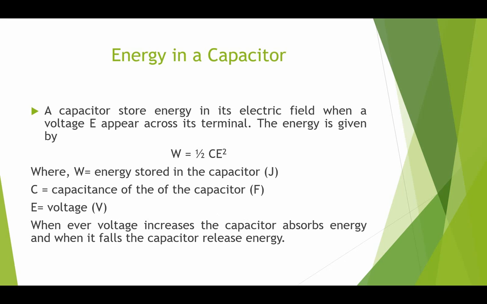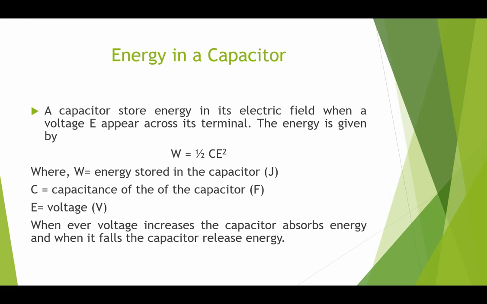Another one is energy in a capacitor. A capacitor stores energy in its electric field when a voltage E appears across its terminals. The energy is given by W equals 1 by 2 C E square.